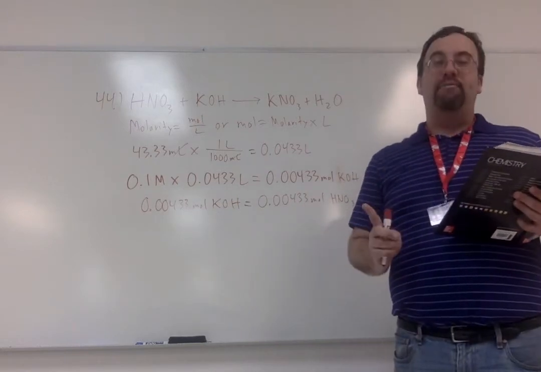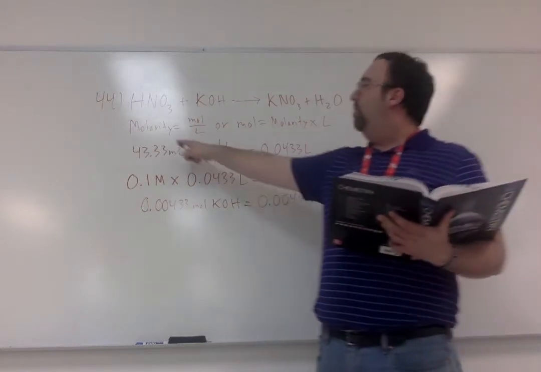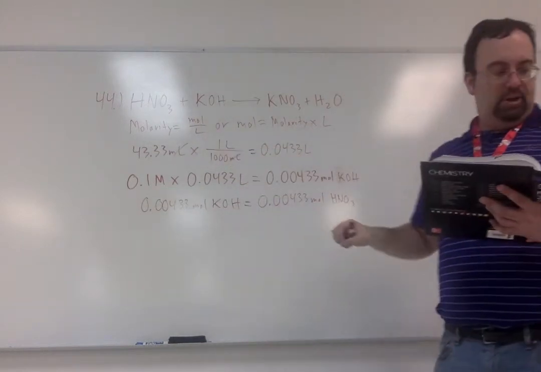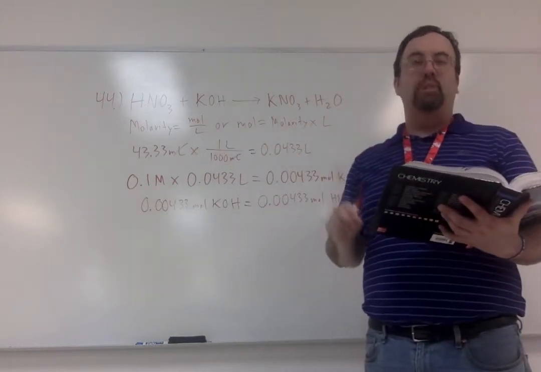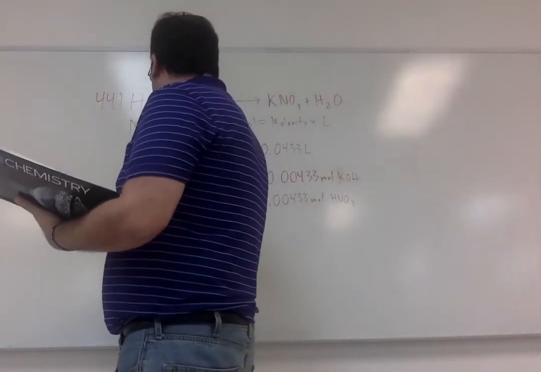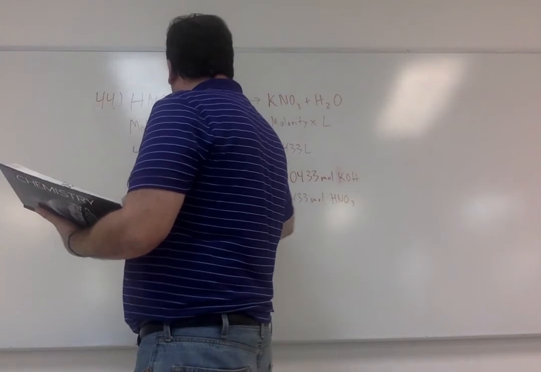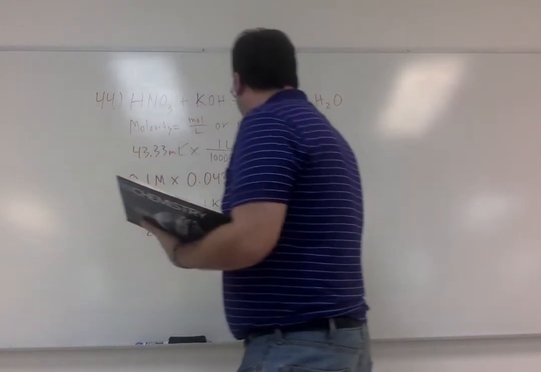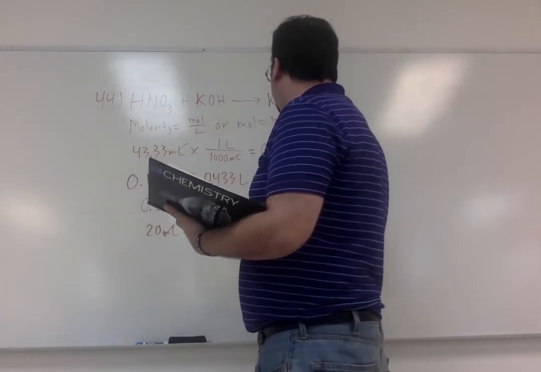One final step. Remember that molarity is moles per liter. We have our moles now. We are told that we have 20 milliliters of the acid solution. We convert this to liters by dividing by 1,000, and this becomes 0.02 liters.